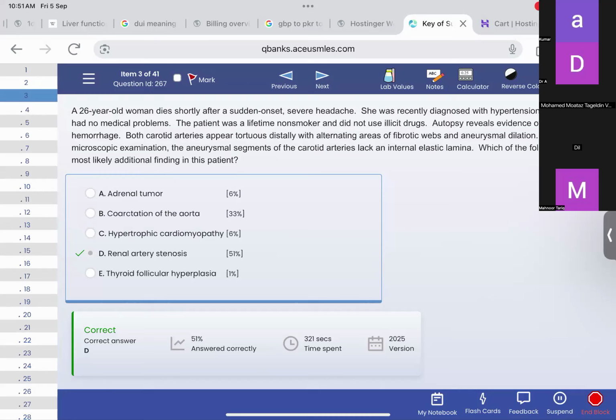For coarctation we have the difference in blood pressure, right? So they have to give that. The most high yield thing over here is the aneurysmal dilatations. Aneurysms are also present in the cranium, right? Yes. In coarctation of the aorta we don't have aneurysm. Okay.